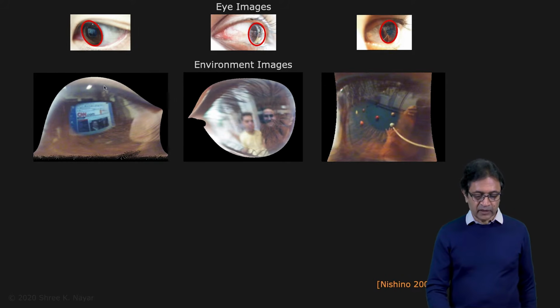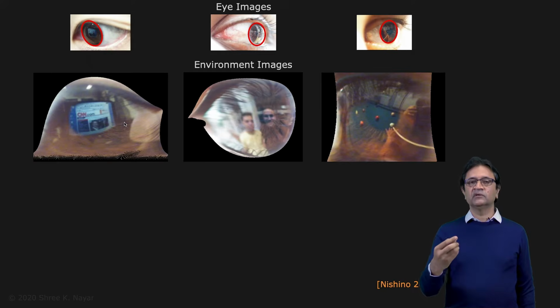But anyway, let's come back to the limbus here. As we said, the parameters of the limbus tell us which direction the person is looking in with respect to the camera. That information can be used in conjunction with this very large field of view environment image to get an estimate of the image that is falling on the fovea of the person's eye.